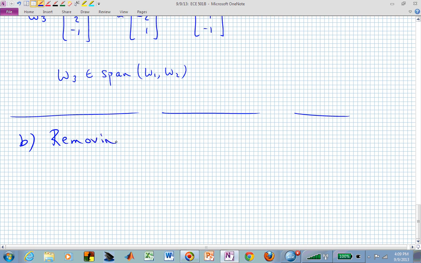Again, we're working with a set or a list of vectors that are linearly dependent.